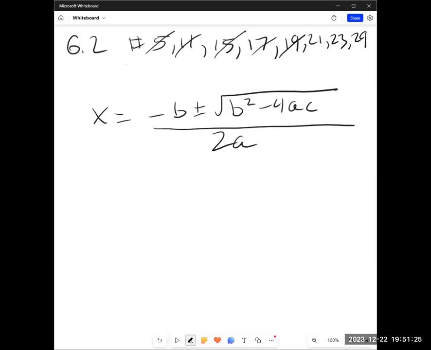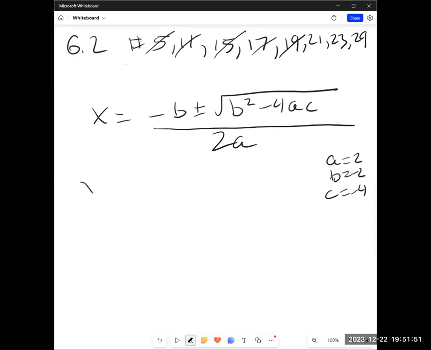And they want us to solve this when a equals 2, b equals -2, and c equals -4, meaning that we're trying to find where 2x squared minus 2x minus 4 equals 0. We really could simplify that problem by dividing everything by 2, but they don't want us to do that.